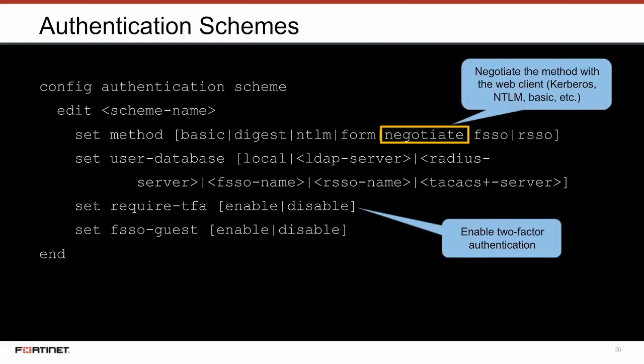The available databases are local, LDAP, RADIUS, FSSO, RSSO, and TACACS+. Not all the databases are available for all the methods. For example, you cannot select the local database if the method has been set to FSSO. Web proxy supports two-factor authentication, which can be enabled in the authentication schemes.